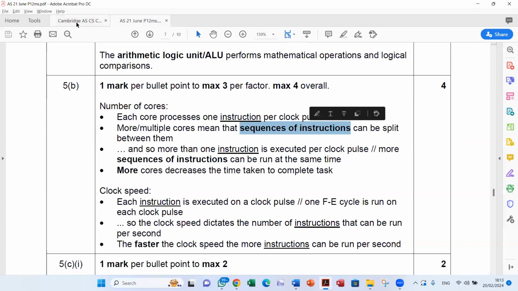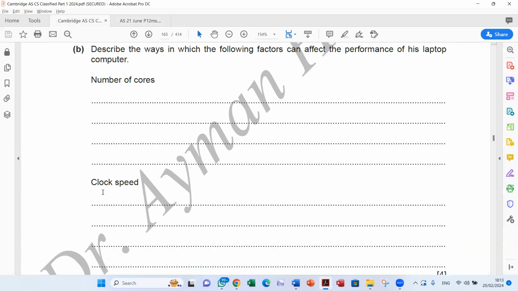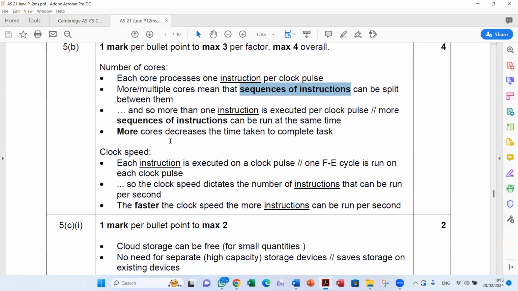Another question: what is the effect of the clock speed? Each instruction is executed on a clock pulse. One fetch-execute, now called fetch-decode-execute, cycle is run on each clock pulse. So the clock speed dictates the number of instructions that can be run per second.